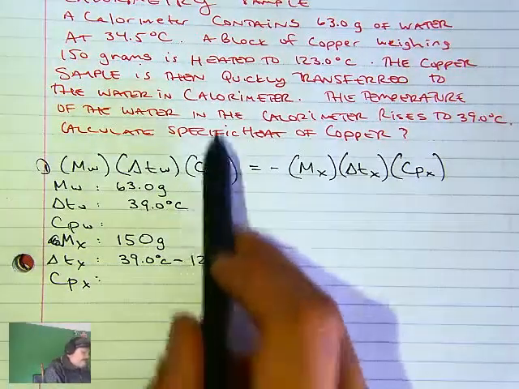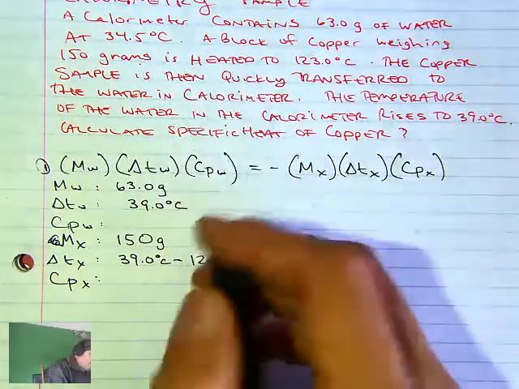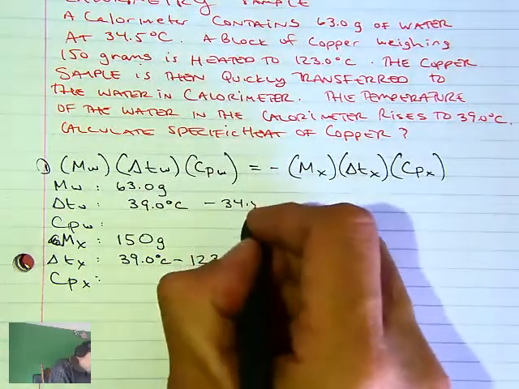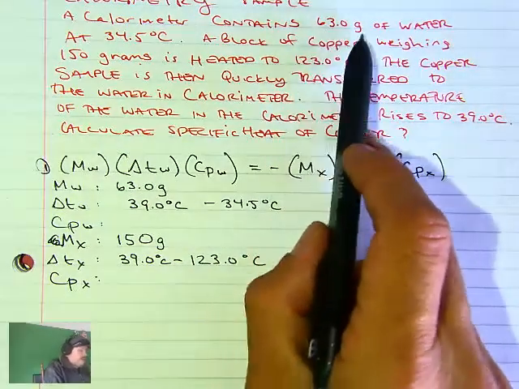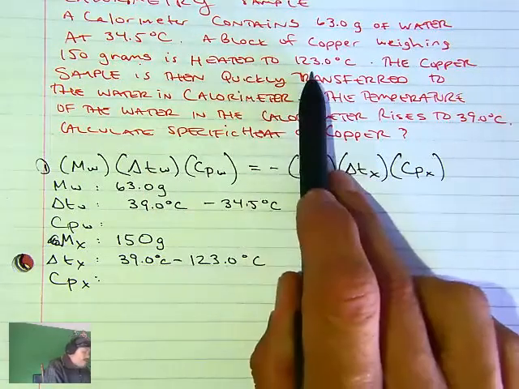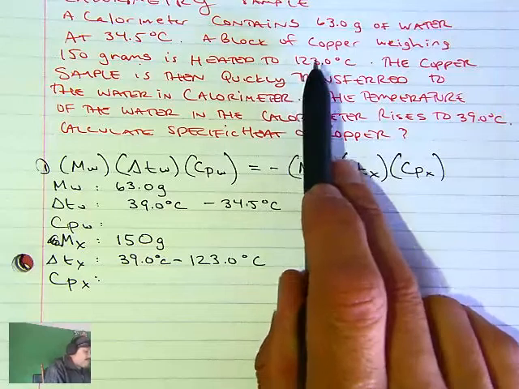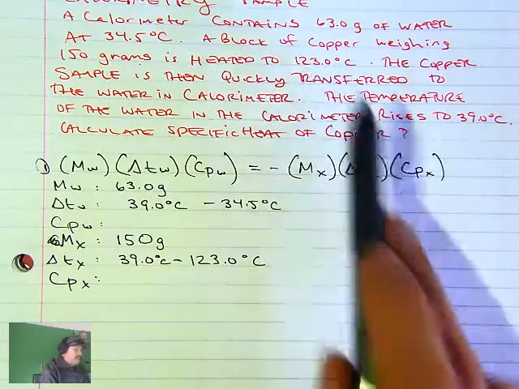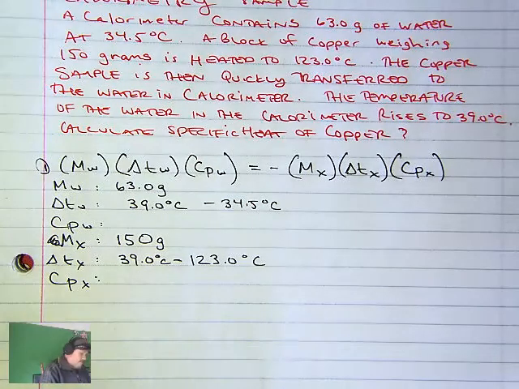So up here where it says the calorimeter contains 63 grams of water at 34.5, that's the starting temperature of the water. Usually when they word it like that, the grams of water at a certain temperature, that's what it starts at. When they mention that the block of metal was heated to some degree, that's what the metal starts at. But in the end, they both end at the same temperature because they're combined in the calorimeter.